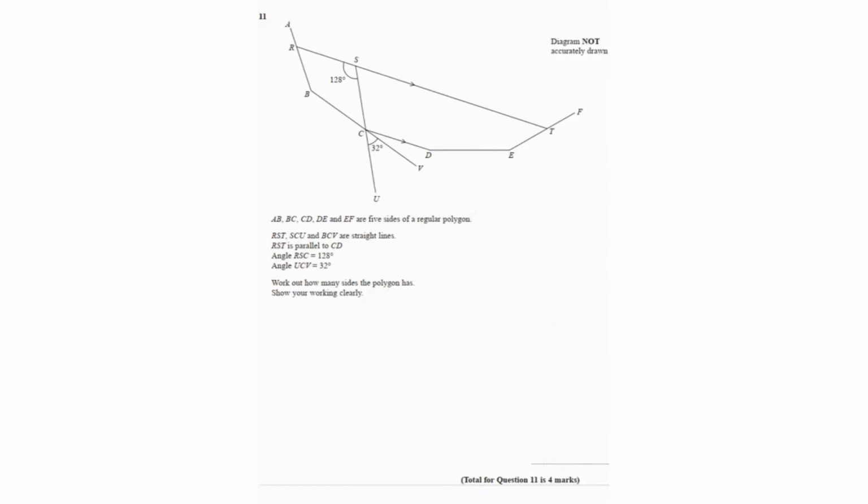Then in this one, it says that AB, BC, CD, DE, and EF are 5 sides of a regular polygon. So let me highlight them. AB, BC, CD, DE, and EF. RST, SCU, and BCV are straight lines.